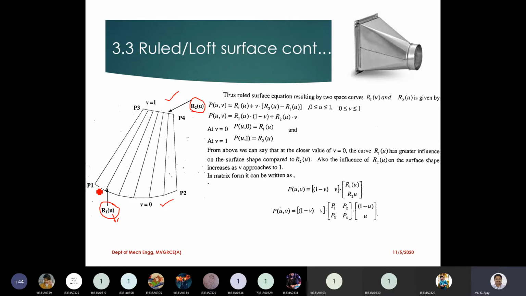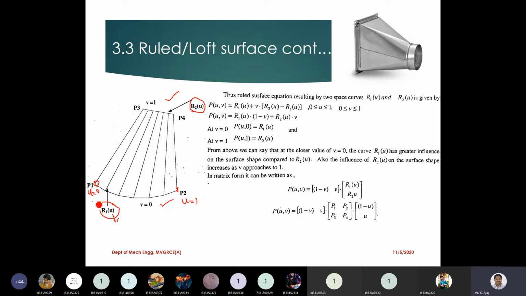Why? Because if you consider point P1, u is equal to 0. Similarly, at point P2, u is equal to 1. By varying u from 0 to 1, and substituting those values in the R1 of u equation, I can get various points on the curve.